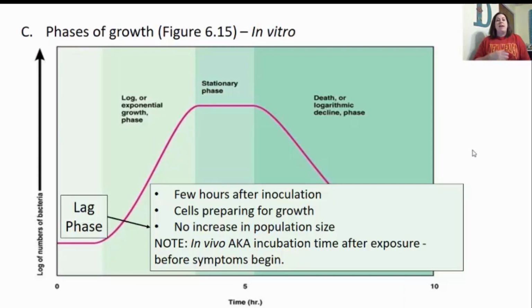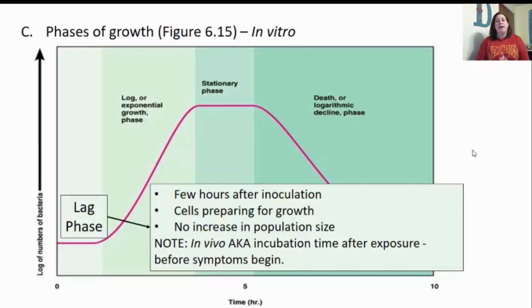So let's look at the phases of growth in vitro. This is looking at the growth in vitro, meaning it's in a petri dish or a broth tube or something like that. It's not in vivo inside of a body or cells. The first phase is called the lag phase. This is a few hours after inoculation.